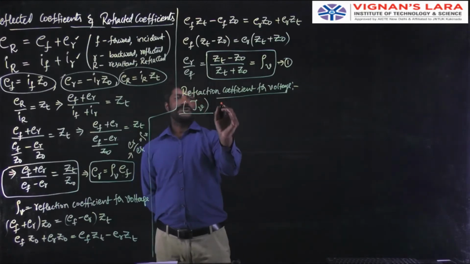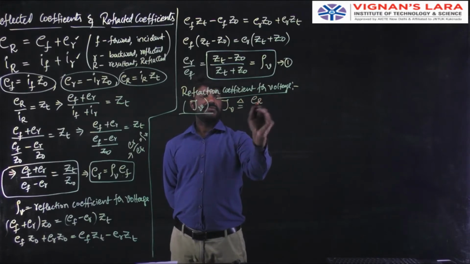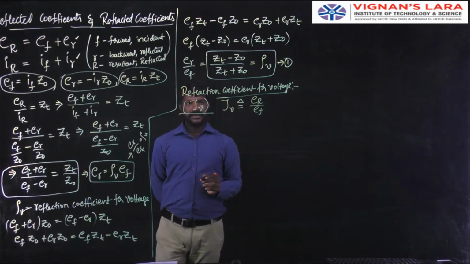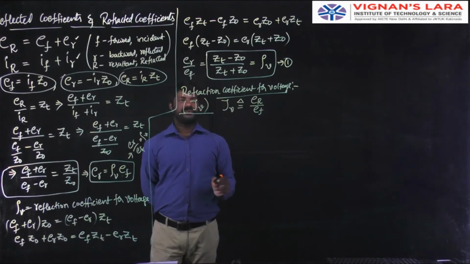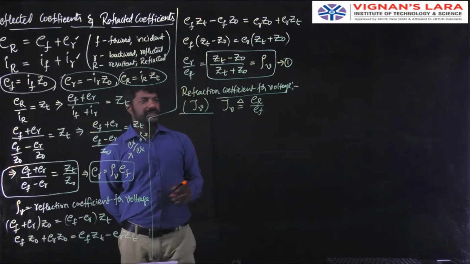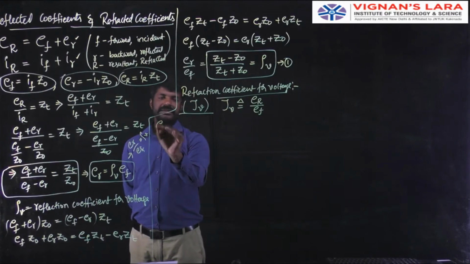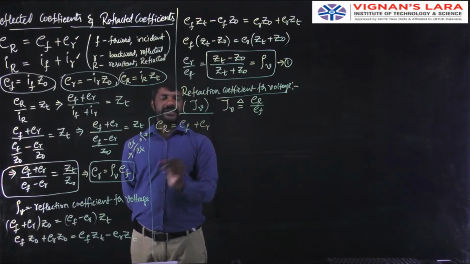The meaning of this tau V is defined as the ratio of the refracted to the incident voltage. Tau V is equal to ER by EF. Then how to get this tau V? As we know, the resultant voltage ER is equal to the forward voltage plus the reflected voltage.